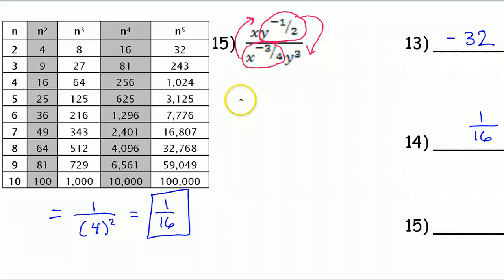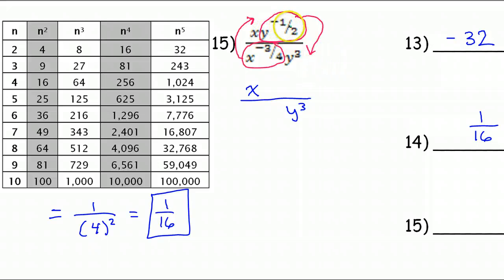I like to first write down the things that are not moving. So that x right there, it's not going anywhere. This y to the 3rd power is just going to sit right where it is, like a rock. Now, let me switch to pink to highlight the things that are in motion.